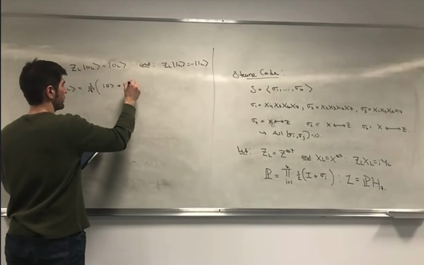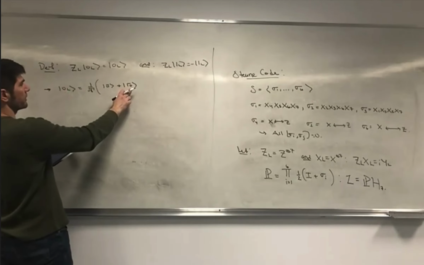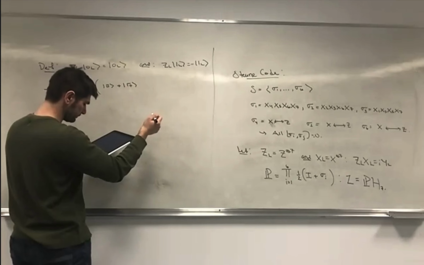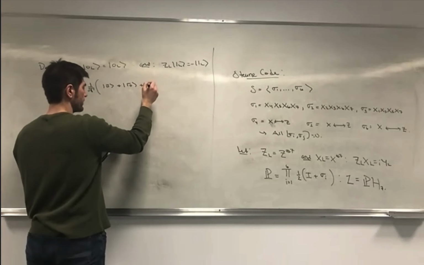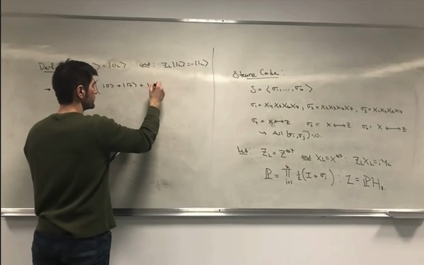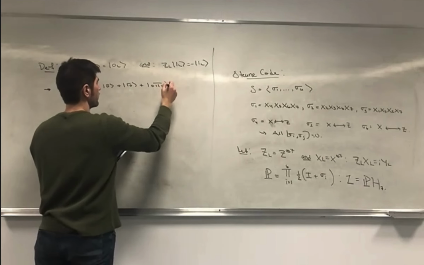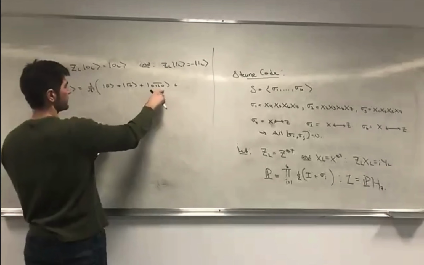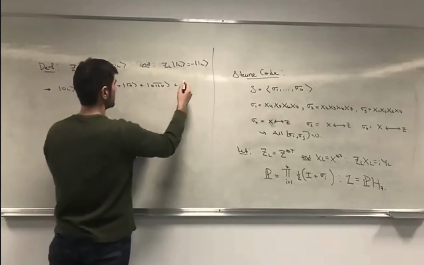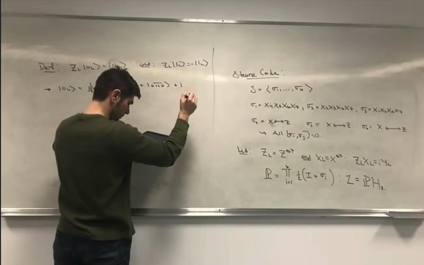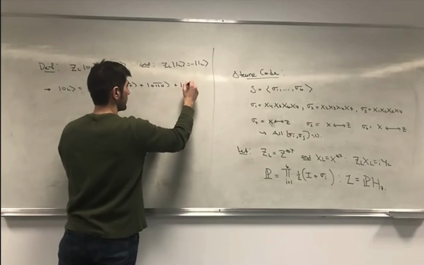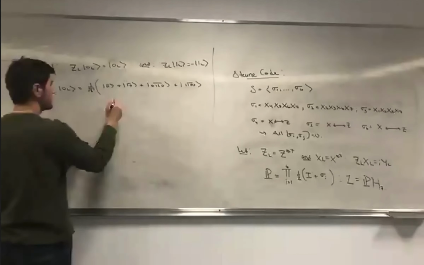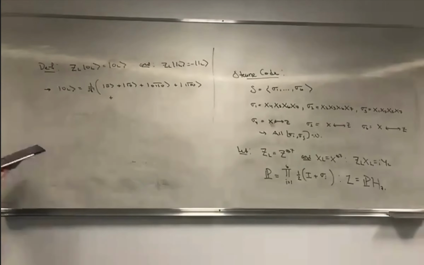This is 1010 repeating until you get to 7, so it just terminates at the 7th. And I will use a similar notation, 0110, also repeating. So 0110 and then 011. And then let's see, what is this one? 1100.